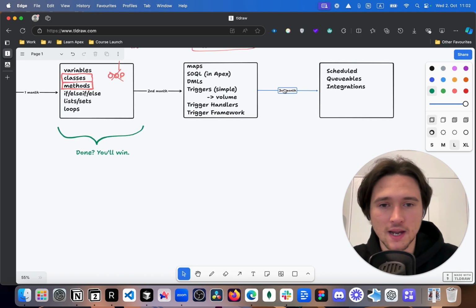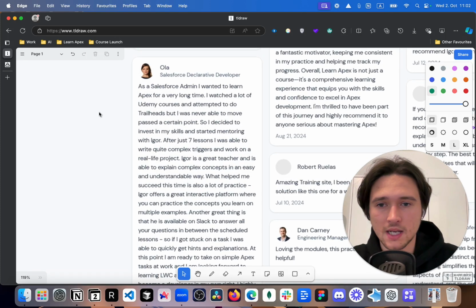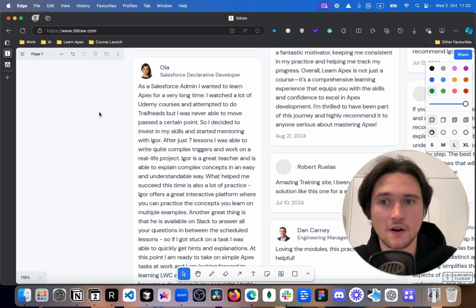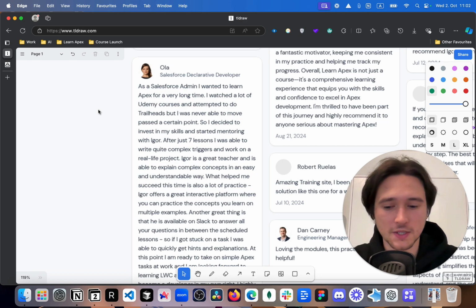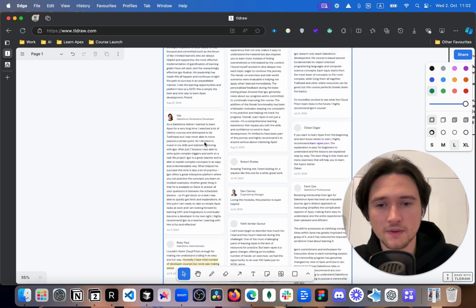The LWC, I had a student, Alexandra here. She also managed in 3 months. She managed to go as far as doing LWC and Visualforce and integrations and all of this. So this is definitely possible, just not in the case of Thomas, for example.